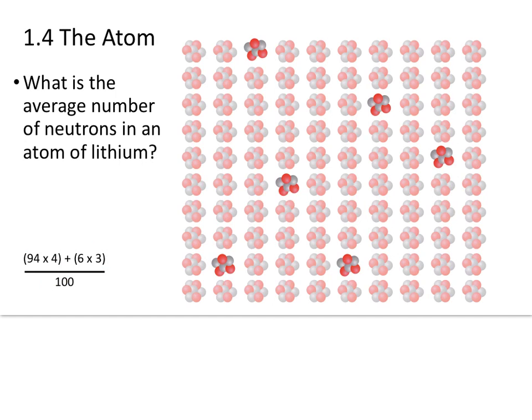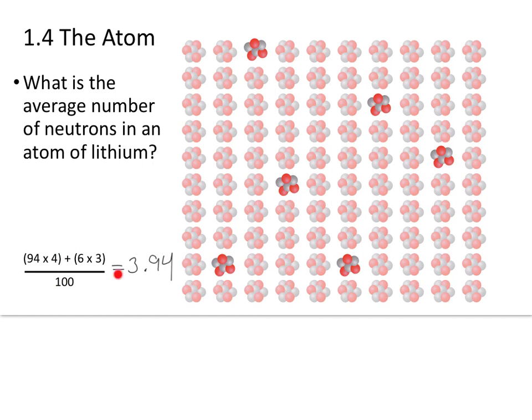So what happens if we take 94 times 4 plus 6 times 3 and divide that by the whole number of atoms right there? That comes out to 3.94. So we've shown right here that each atom has almost 4, but these 6 atoms right here kind of drop down the percentage a little bit.